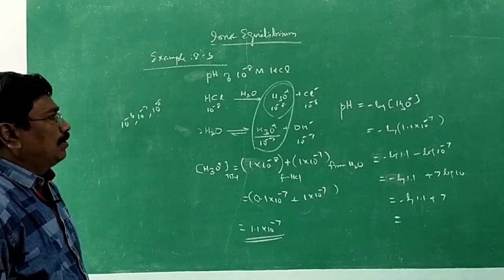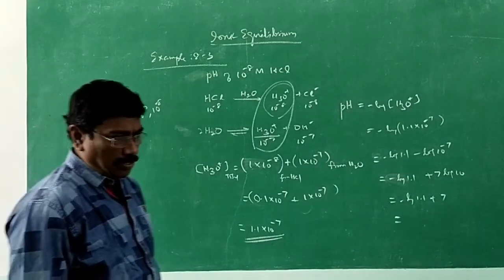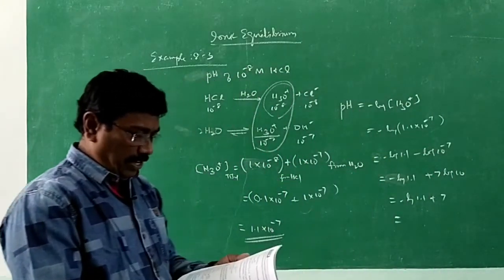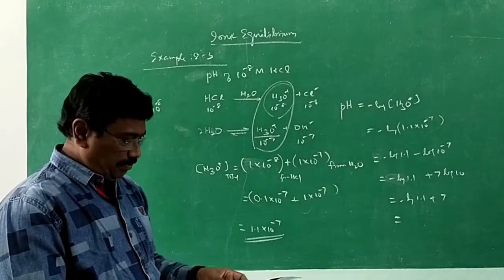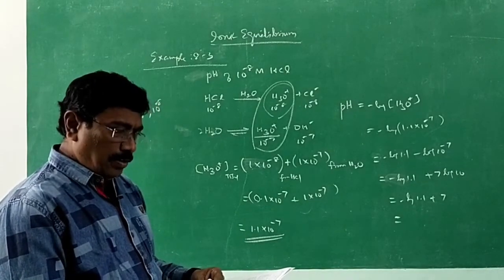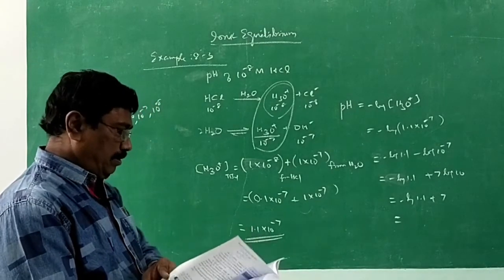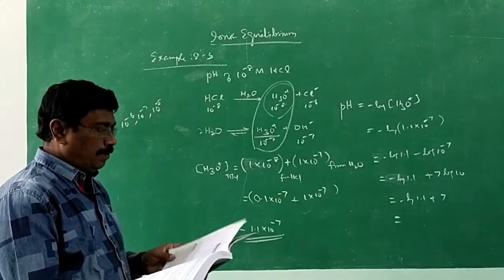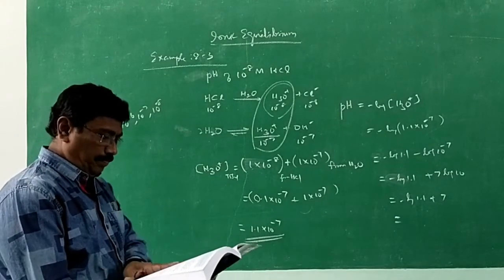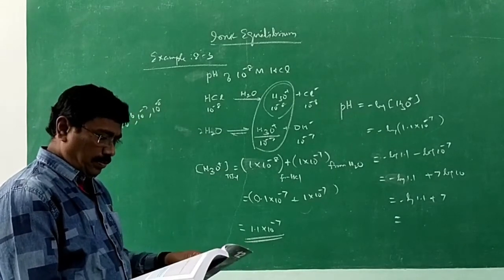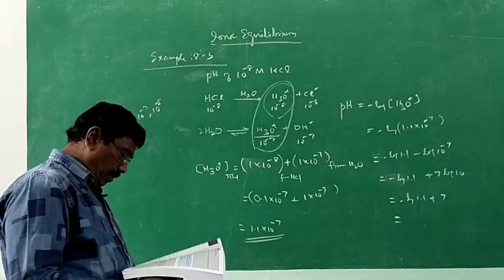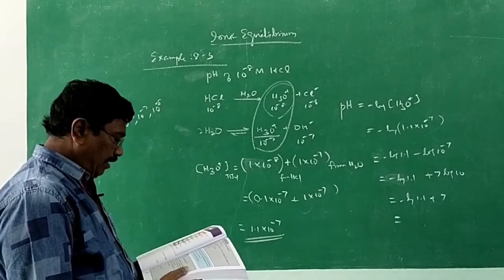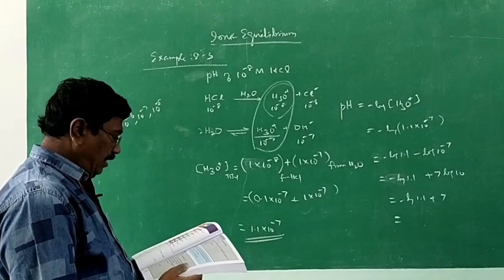Let me refer to the book to see the logarithmic value they might have given. But since I don't have the table now, let me check example 8.3. Sorry, they have taken some other value.